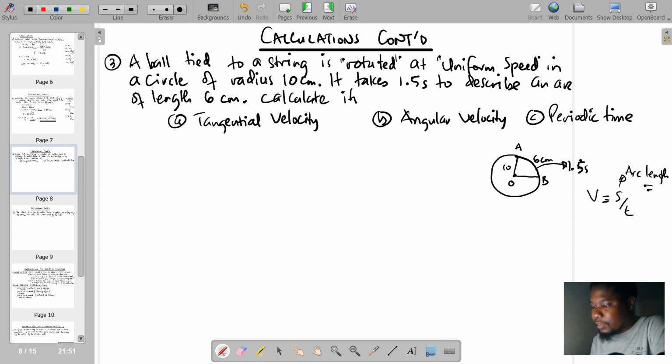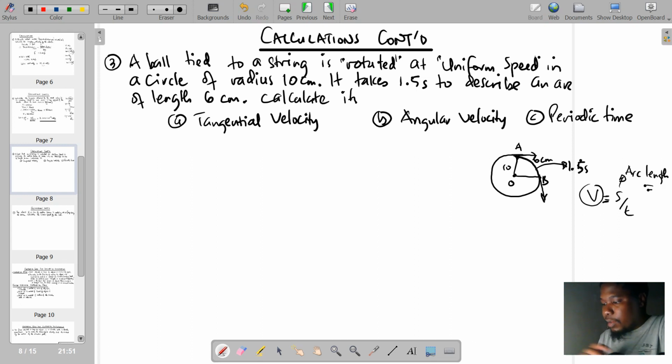That's the distance that we cover from point A to point B. And if you divide that by time, we'll find the linear speed. In this case it's tangential because the velocity vector is always tangent to every point on the circumference of the circular path.